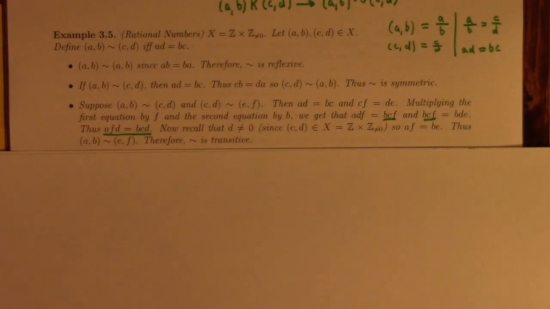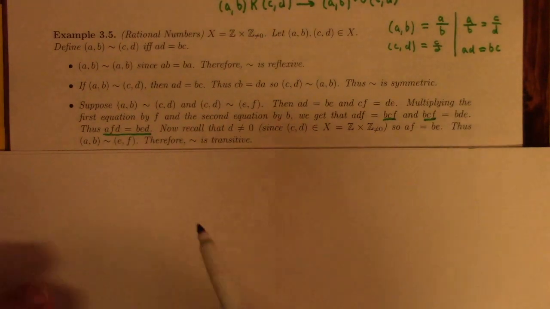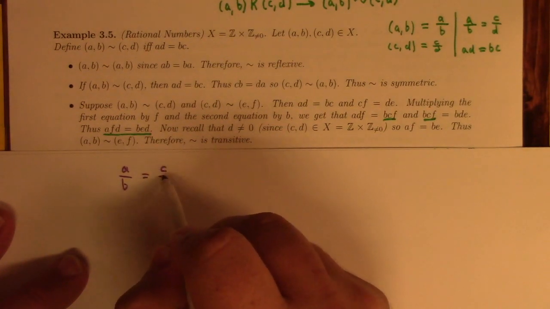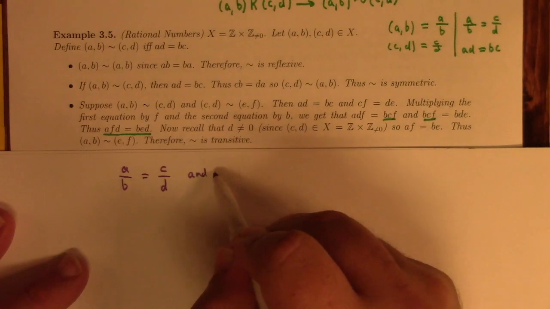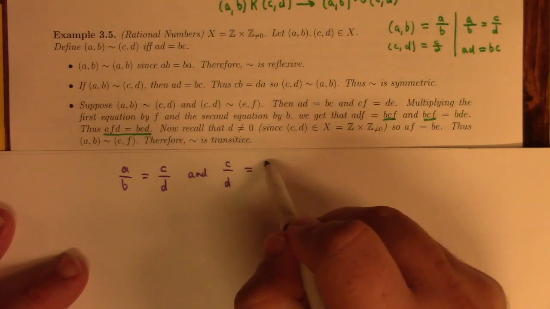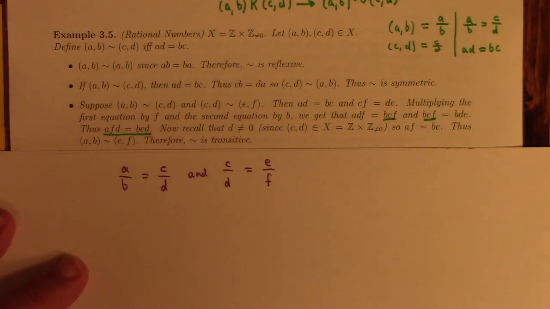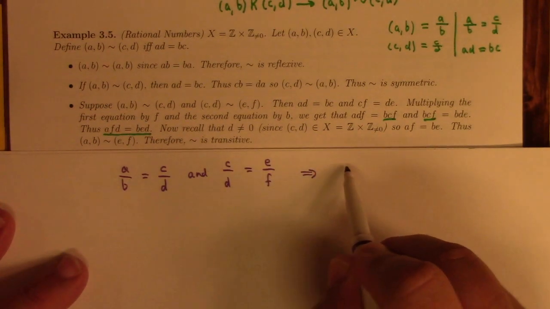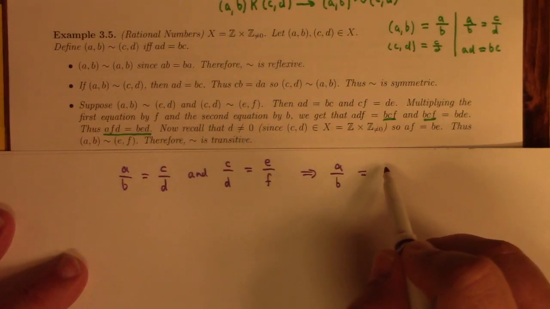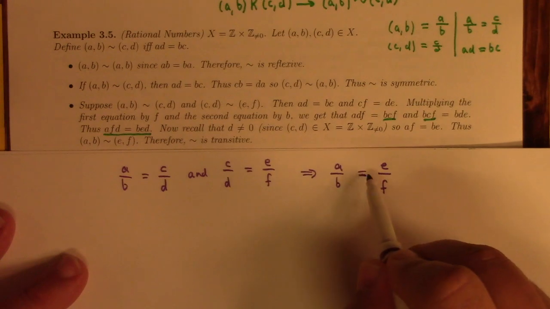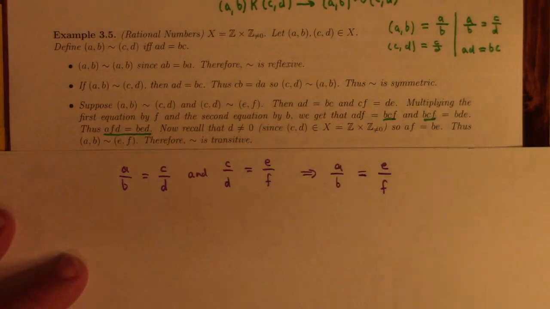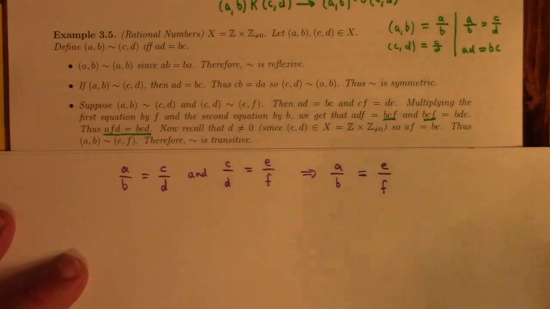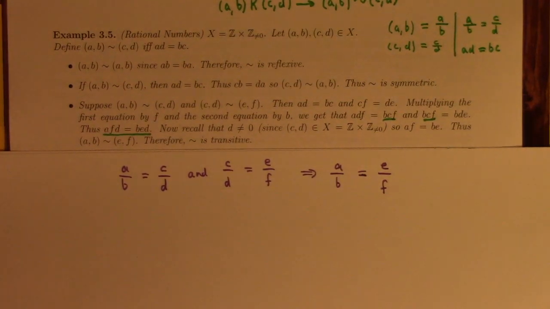I will hazard it, just to show you where these arguments are coming from: suppose A over B is equal to C over D, and C over D is equal to E over F. Of course it implies that A over B is equal to E over F. But the paragraph above is what you have to work through in terms of the definition which is given, because we don't get to use this equality; we have to go through the cross-multiplying definition for the equality of these two elements. But anyway, I'm not going to belabor this further.